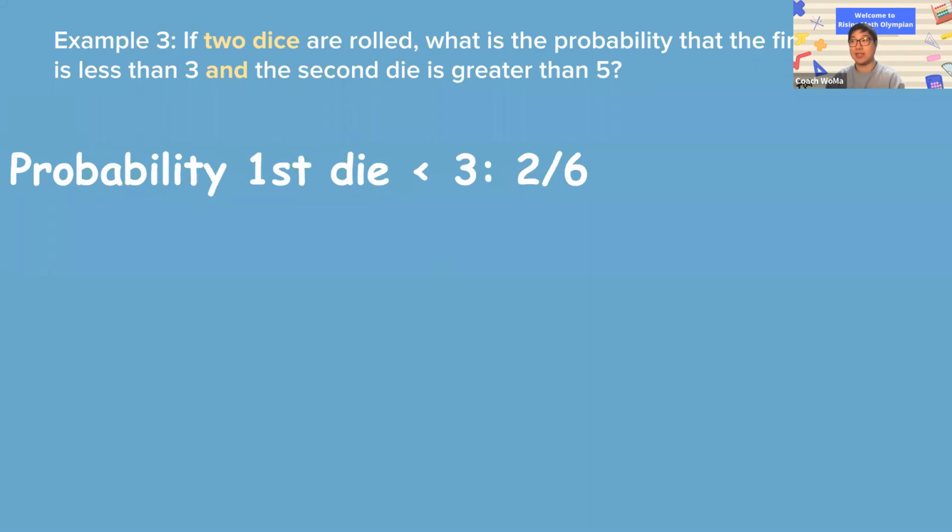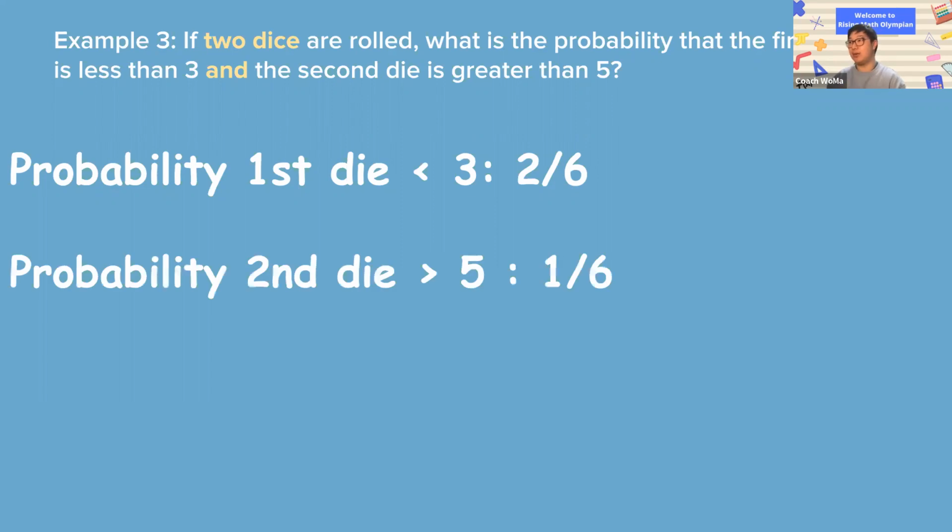If it just says less than, it doesn't include 3. So your only options are 1 and 2 for the ones you're interested in out of 6 total values. For the second die, it will be exactly 1 out of 6 since there's only one number greater than 5, which is 6, and then 5, 4, 3, 2, 1 are all not, so 1 out of 6.